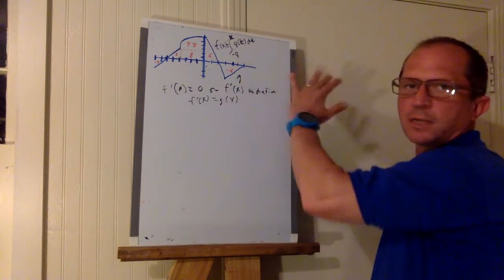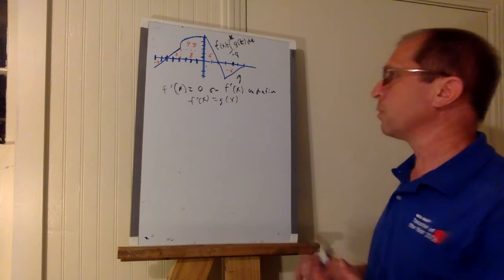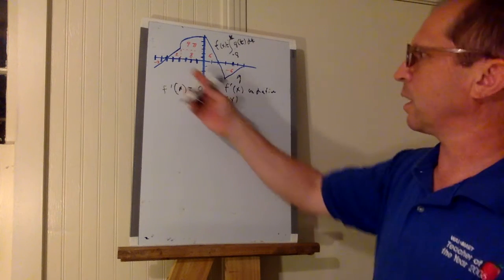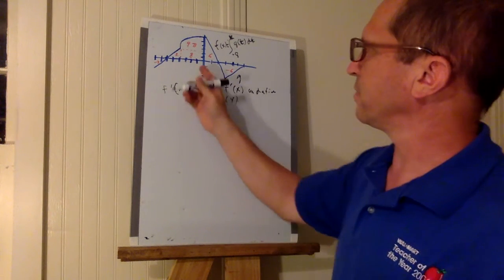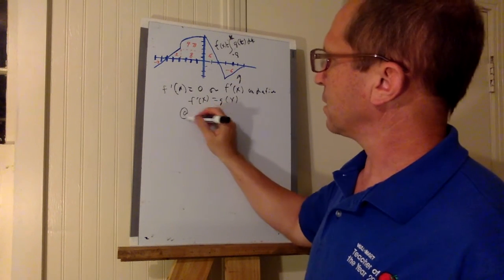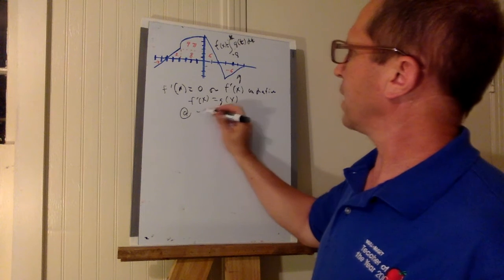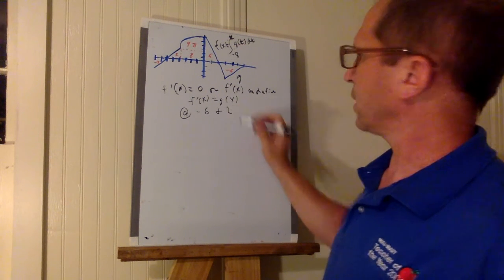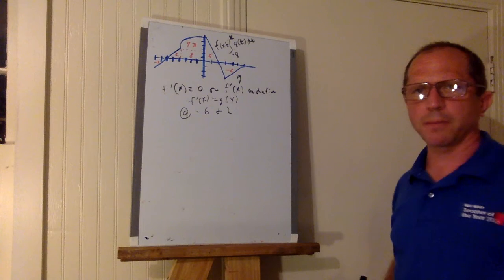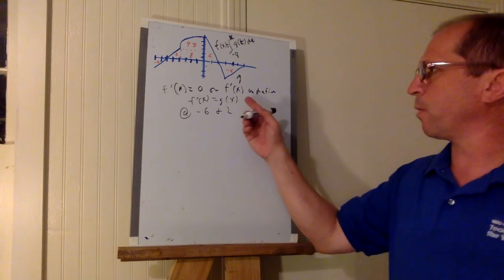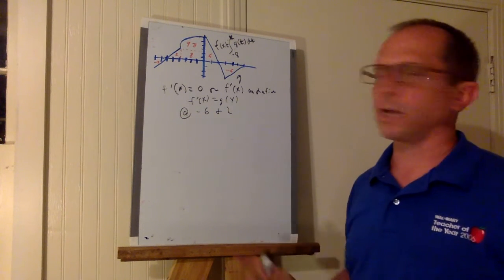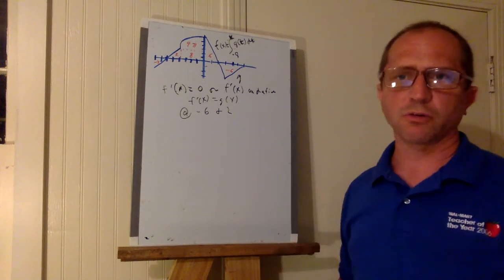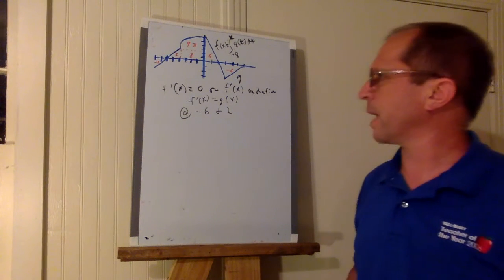So g of x is never undefined here, so we can only look for where f prime is 0, and f prime is 0 at negative 6, and then here at positive 2. So those are going to be my critical numbers. All right, we've got 1 point so far for getting this portion right, and then for identifying the 2 critical points, we got a point for that.